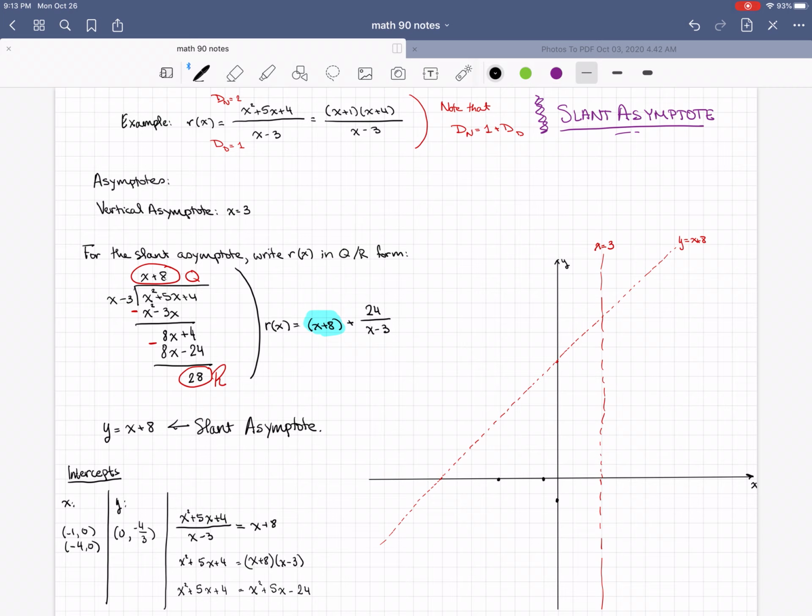So we'll put actually here that these two things are never equal to one another. So that means that the graph doesn't cross its slant asymptote. It can, so it just doesn't in this example.